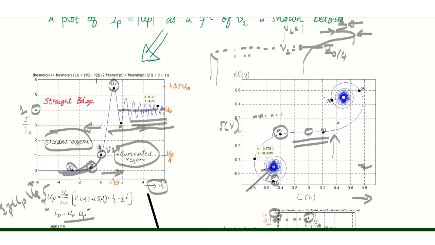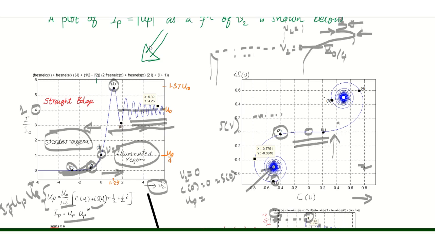Let's say for V2 equals 0, C0 equals 0 equals S0, and therefore UP can be calculated using this formula.